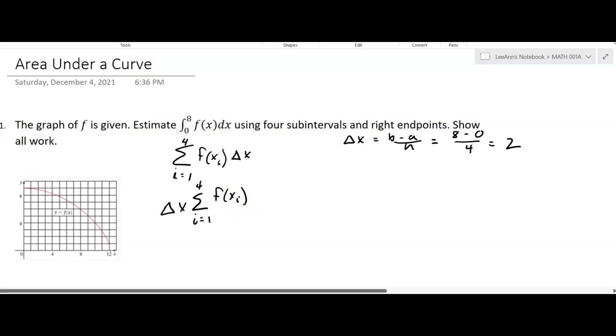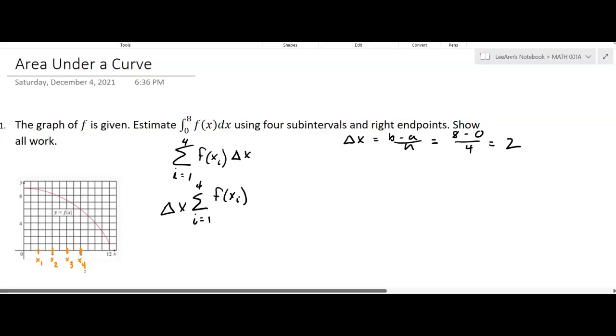Now, what I want you to realize is where those are. You're going to have one here, because you're dividing it into 4 pieces. You're going to have one here, and one here. So this is going to be x sub 1, x sub 2, x sub 3, and x sub 4.